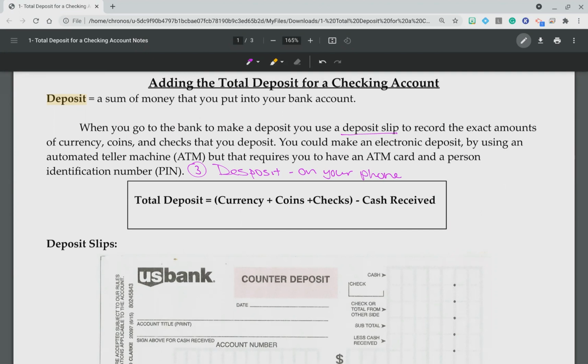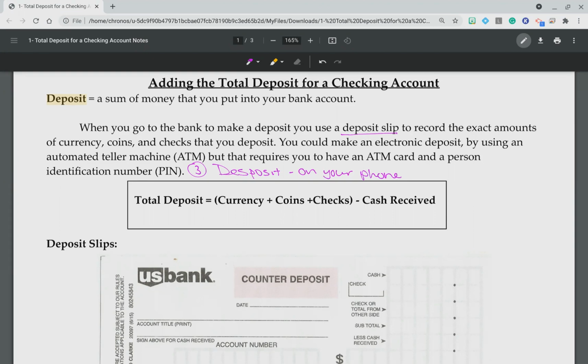and you need to find the total amount of money that you are depositing. The way that we would do that is to take all the currency, so that's like 1s, 10s, 5s, 20s, all the change, the coins that you have, and the checks that you have, and add them all together. Now, if you don't want to deposit all of the money, you can keep some of it as less cash.